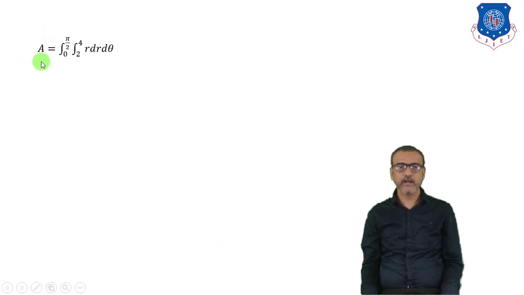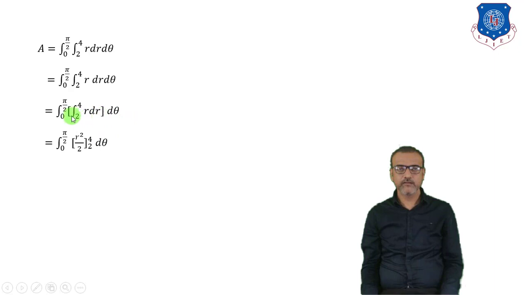So the required area A is equal to the integration from 0 to pi by 2, integration from 2 to 4, r dr d theta. Now we will integrate r with respect to r, because here we are integrating with respect to r first. This is equal to the integration from 0 to pi by 2.